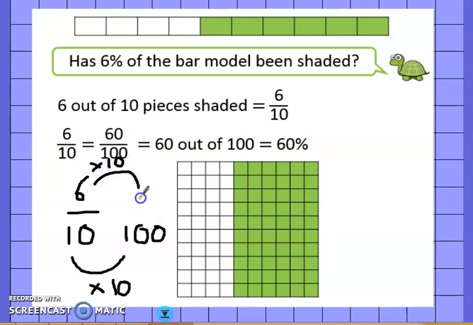So 6 times 10 gives us 60, which means our answer is 60%. So here we can see that the way that they've done it is incorrect. They've said it's 6% and it's not. It's 6 out of 10, which is the same as 60 out of 100, which is the same as 60%.